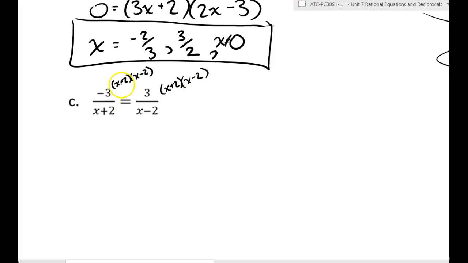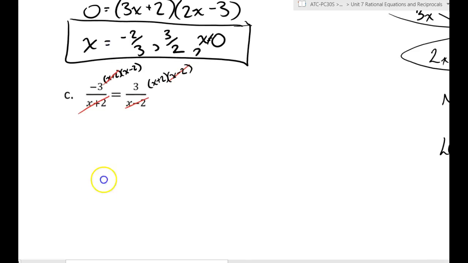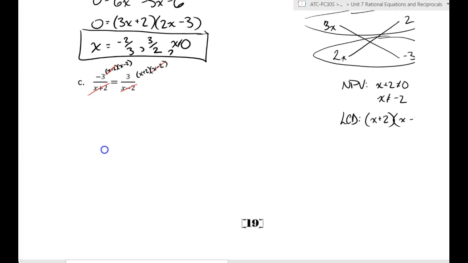Okay, so when I go to cancel out, on my left-hand side, the one binomial cancels out. On my right-hand side, the other binomial cancels out. So that is why we need to find that lowest common denominator, and we need to include both pieces.